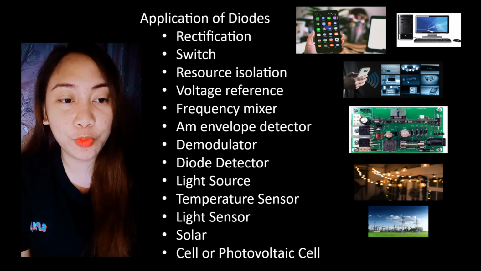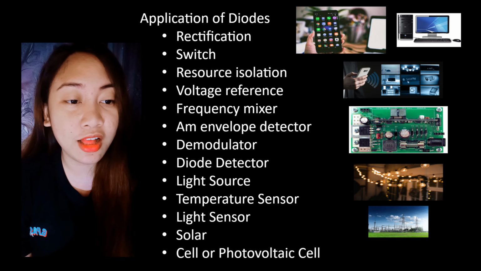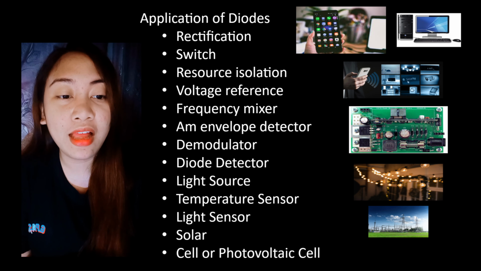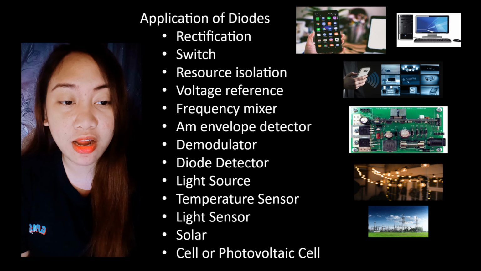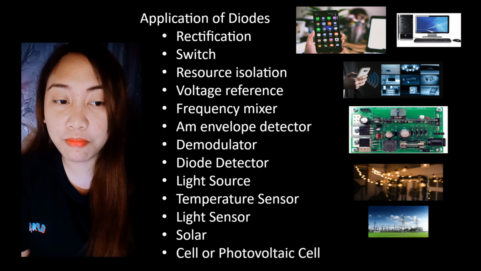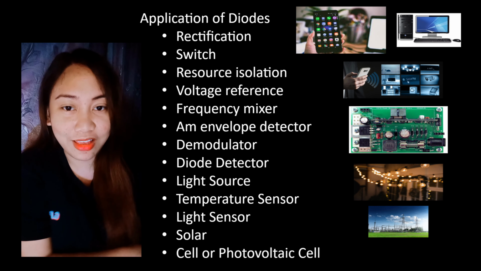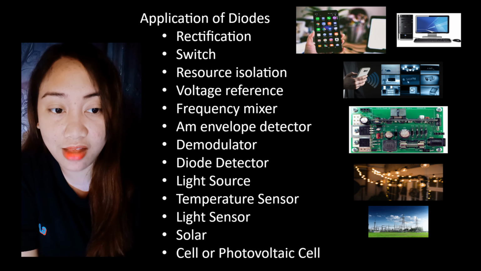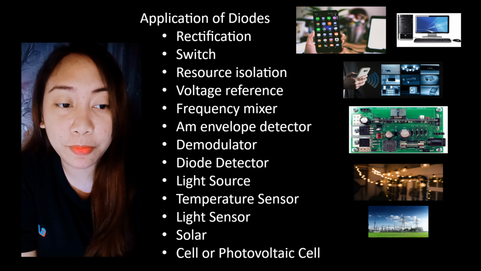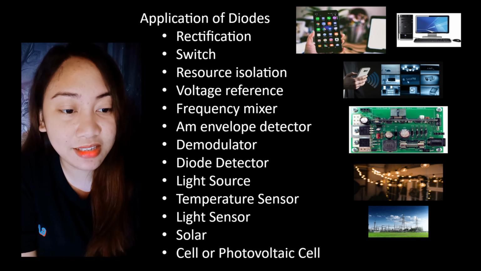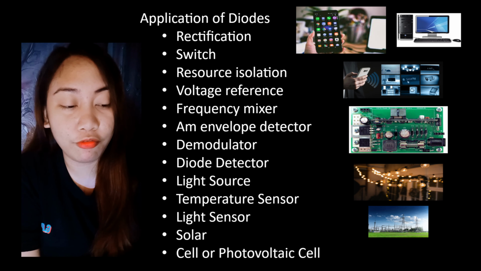Number one, it is used for rectification, as a switch, for source isolation, also as a voltage reference, as a frequency mixer, also it is used in AM envelope detector or demodulator, also known as the diode detector, as a light source, also as a temperature sensor, as a light sensor, and in solar cells or photovoltaic cells.